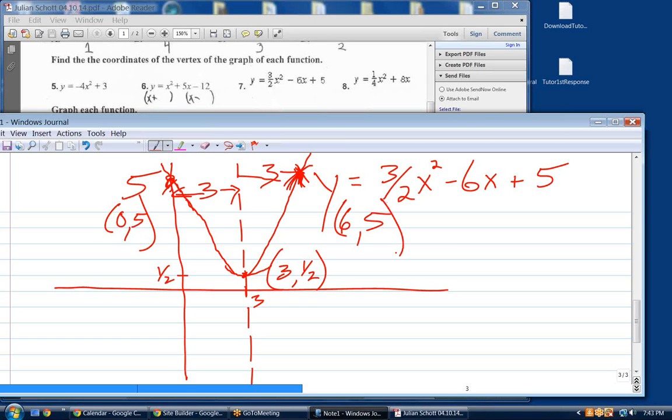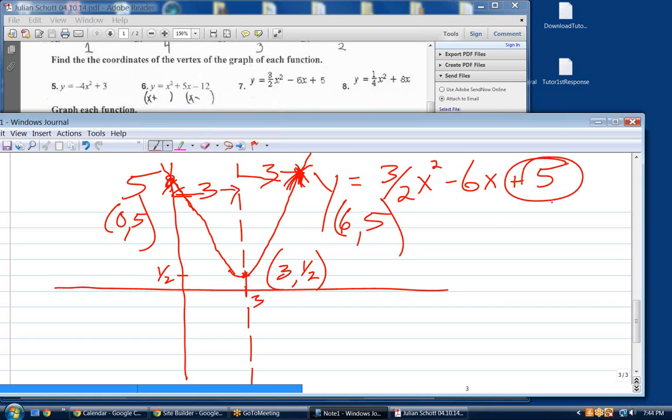So that was definitely the easiest way to graph it. In other words, I didn't even have a choice there. I couldn't come up with x-intercepts if I wanted to do it that way, because there aren't any. But I could come up with a y-intercept. The y-intercept's the easiest thing to come up with.